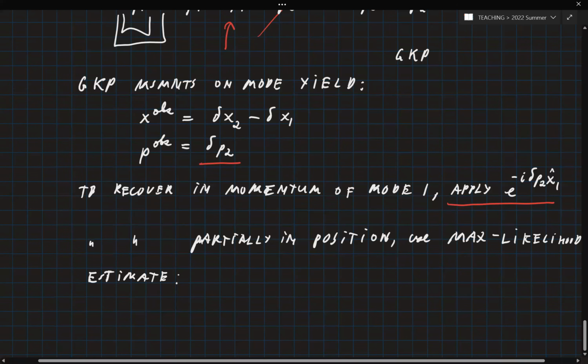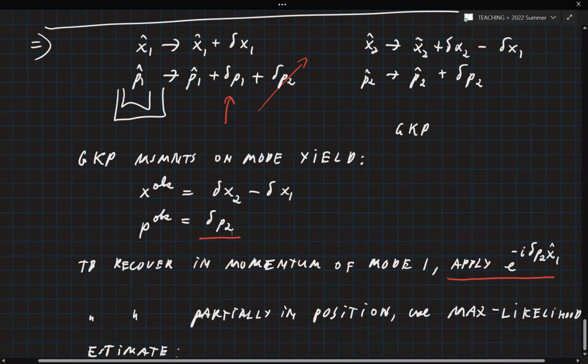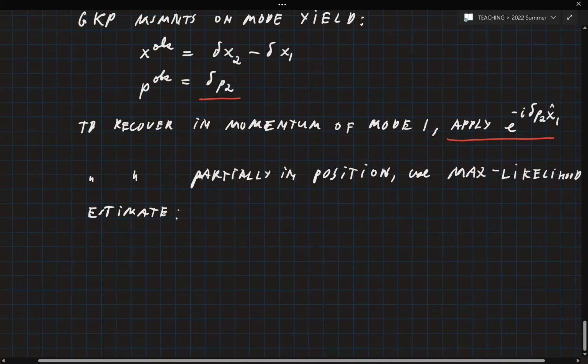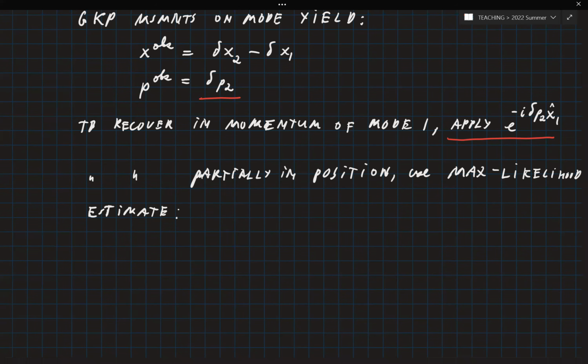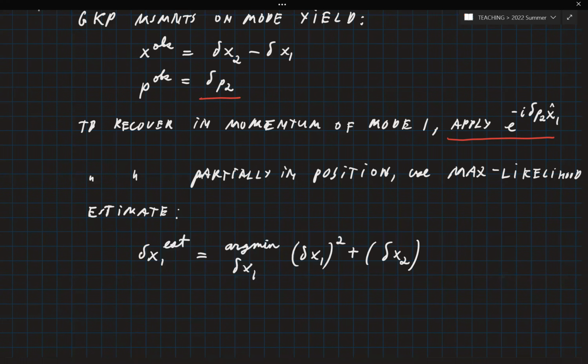So we can't extract delta x1 to correct delta x1, but we can estimate it by assuming that the likeliest error was the one with the smallest delta. So we cook up an estimate for our delta x1 using our knowledge of x observed, which will be the solution to this problem, the minimum argument of the norm of the full position displacement vector, two norm.